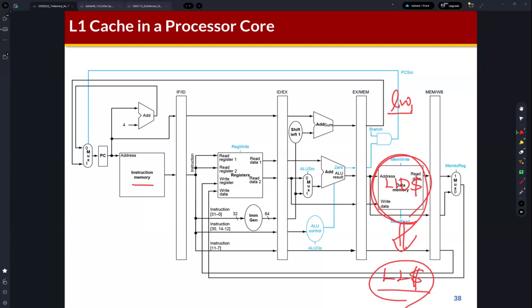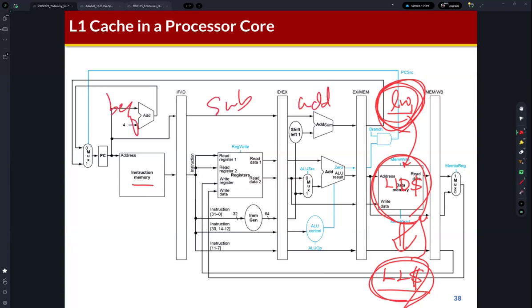So the processor will consume more cycles. Then what will happen? The load instruction cannot be executed in the memory stage. The load instruction needs to wait until the requested data is fetched from the lower level cache or memory. So the load instruction stays in the memory stage. Then there can be some other instructions like add, sub, or branch.